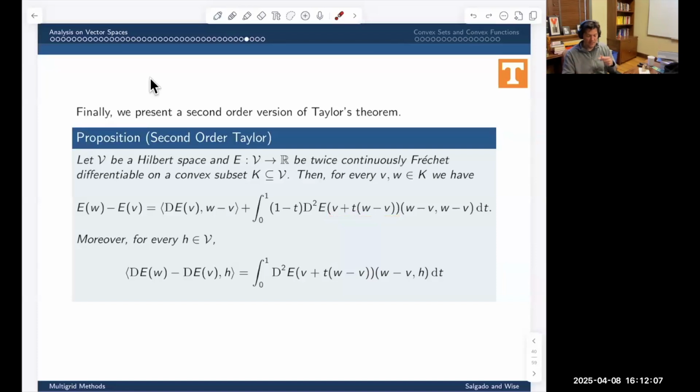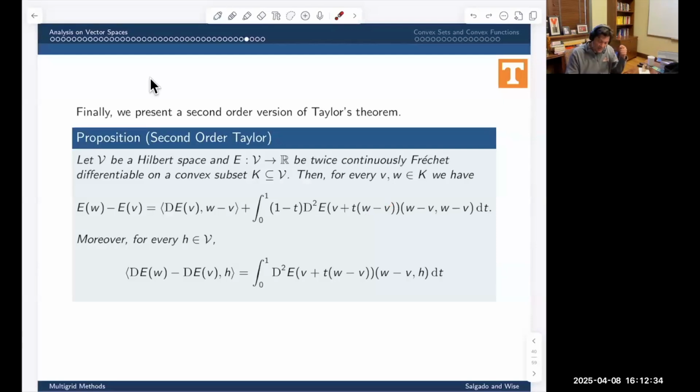So the point is at v plus t(w minus v). So this point here is the interpolation between v and w, right? Because if t is equal to 0, then we just get v, and if t is equal to 1, then we get w, because we have v plus w minus v, the v's cancel out.